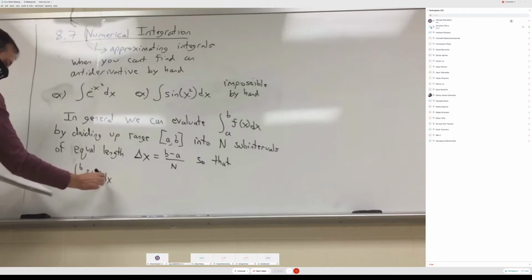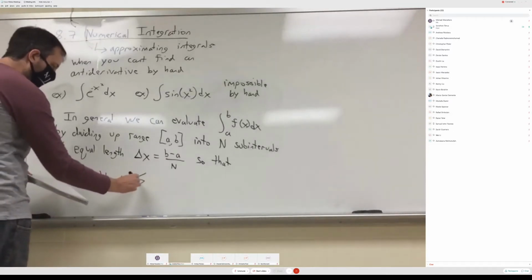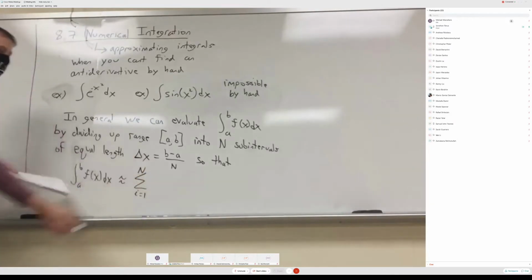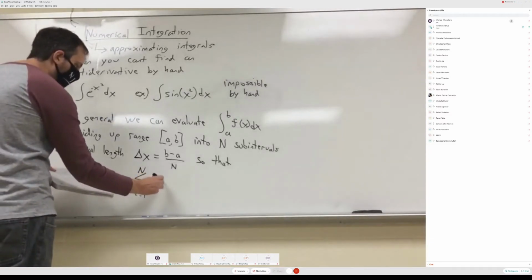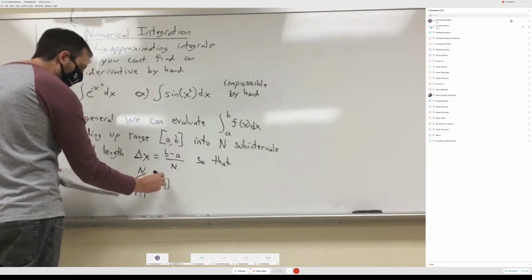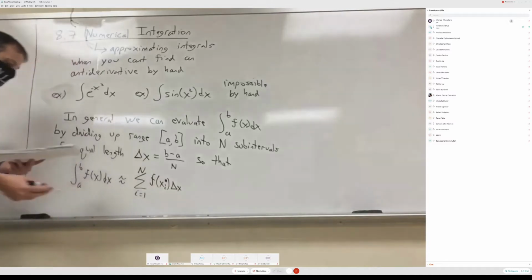That's the thing we're trying to solve. And it's approximately equal to a summation, let's say i equals 1 to n, going over all of the subintervals that I've made, of f of x sub i star, times delta x.